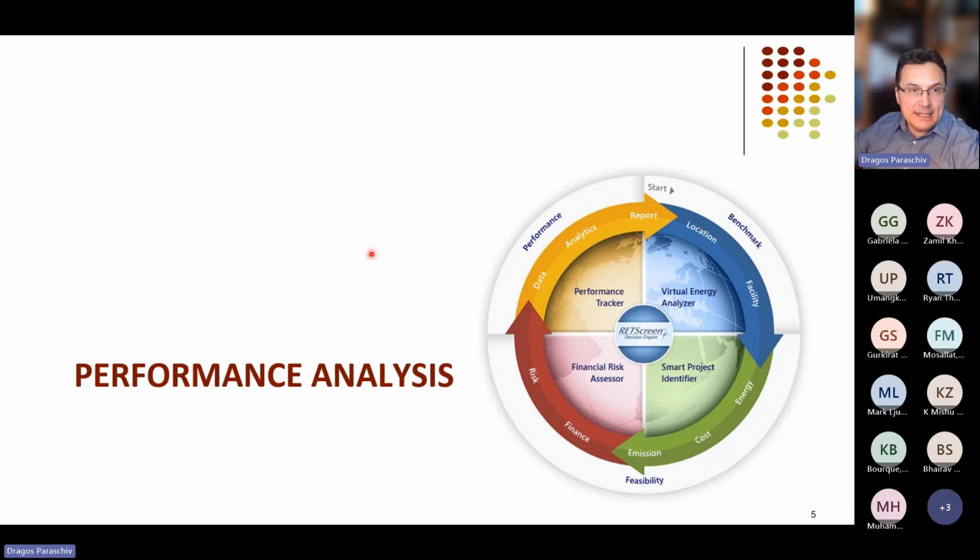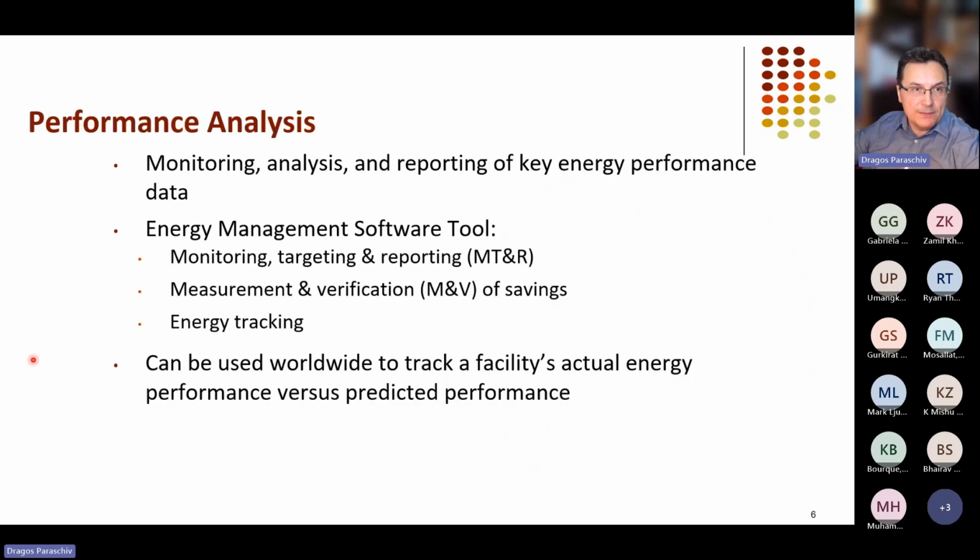So in this performance analysis module, we are able to monitor, analyze, and report on key performance indicators related to energy. So we get utility bills and we convert them into useful directions for the building, useful key performance indicators for comparison with other facilities.